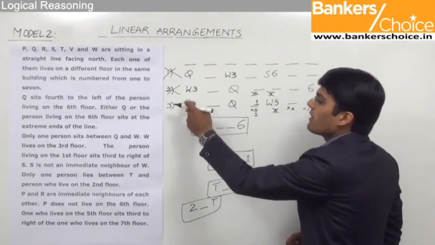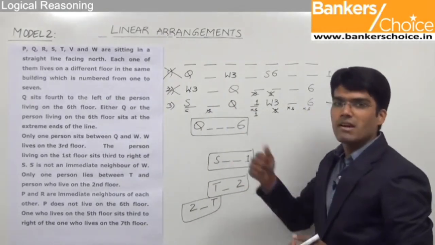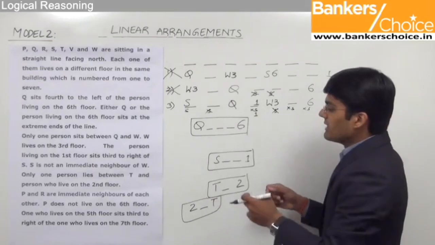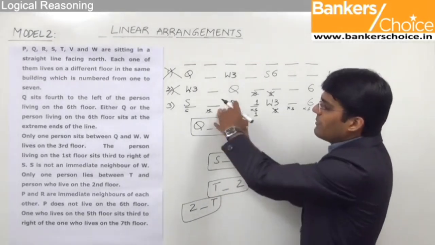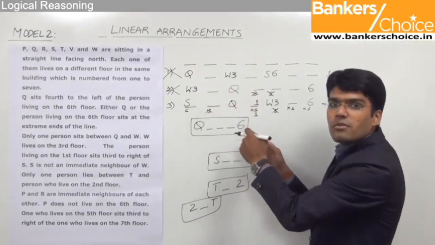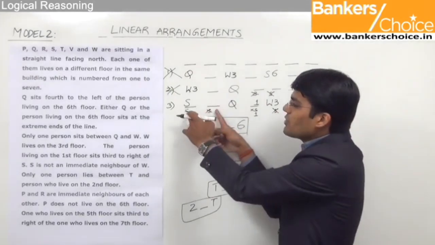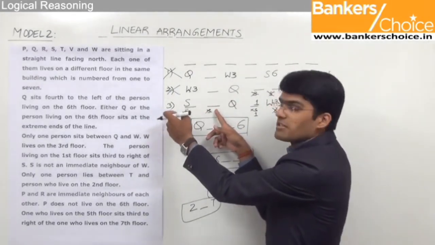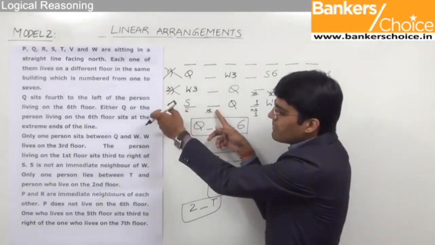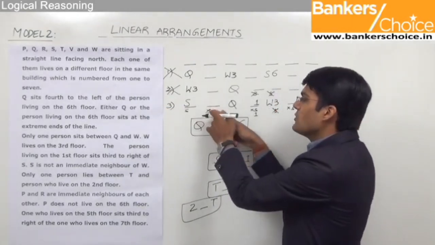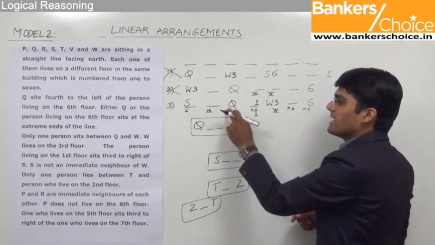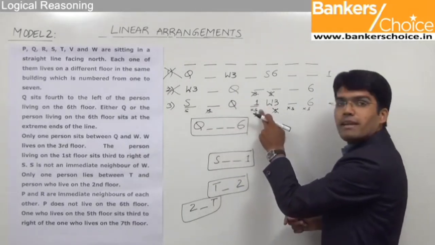Now the first position is already occupied by S, so T cannot come there. If we try to adjust T on the second position, the person living on second floor can either be on the left of T or on the right of T. As we can see, there should be a gap of 1 person and then second floor has to come, which is not possible. So second floor cannot come on the left of T. And if we try to put second floor towards the right of T, so T takes this position with a gap and then it should be occupied by second floor.